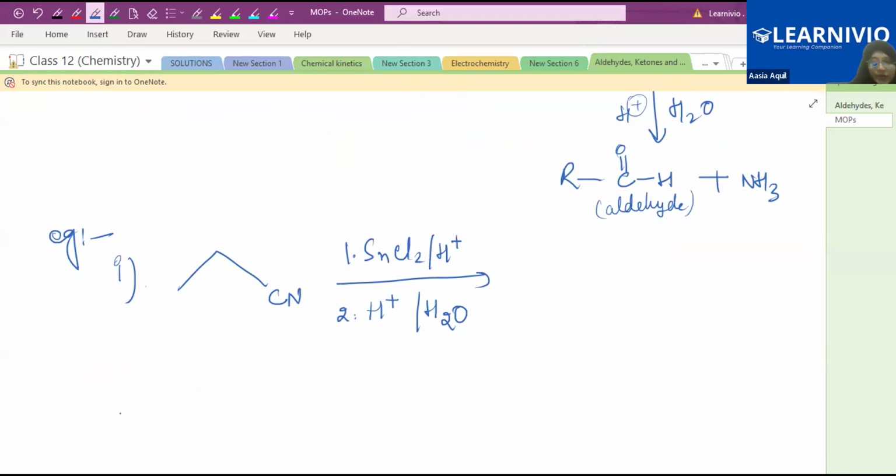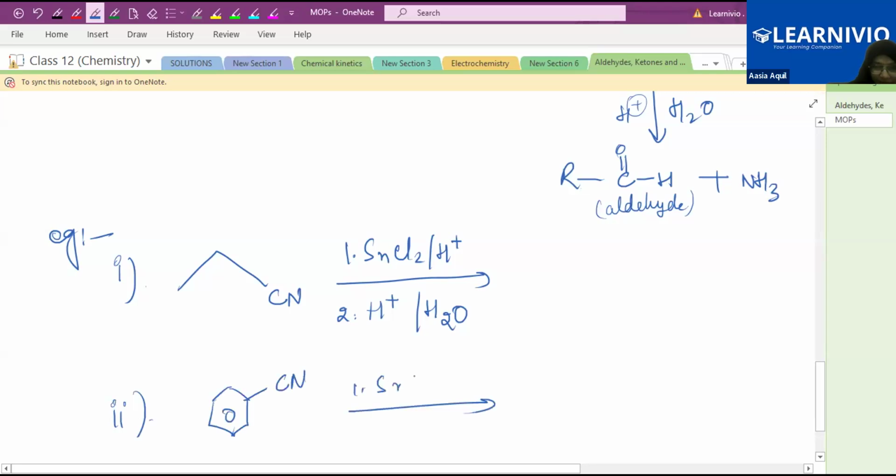We do this question. Second, if you take benzene and here the cyanide is attached. What will the first step be? SnCl2 plus H plus ion, because you are giving HCl, so it will give its acid, H plus ion. So what do you always do in the first step? Reduction of the nitrile group.